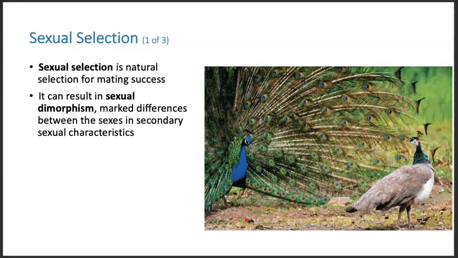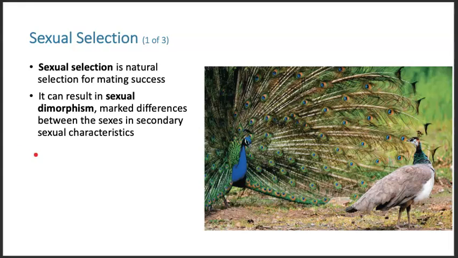And so we could look at this peacock here, and he has these amazing feathers with eye spots, and they're iridescent blue on their bodies. And the females are much more dull in color, and the reason for this is that females are choosing males that are very bright in color, and they're only mating with the males that have these beautiful feathers.